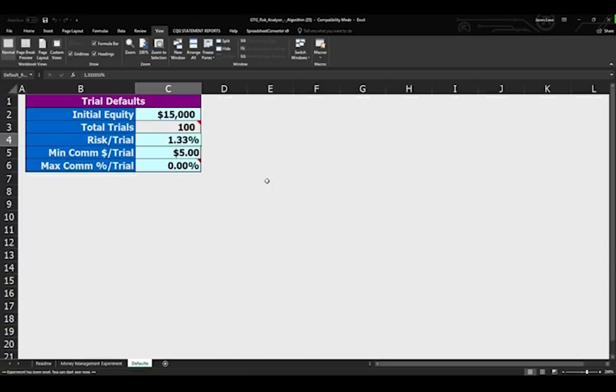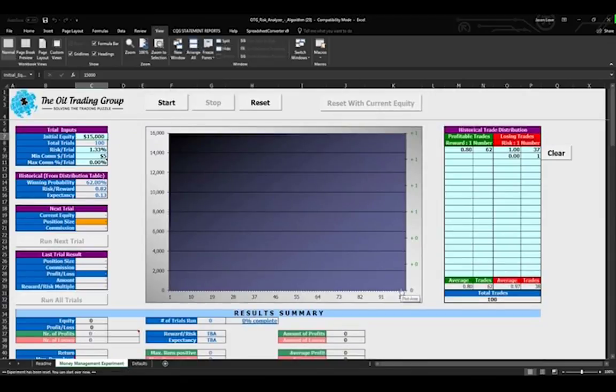So this analyzer is going to run through 100 randomly distributed trades based upon the information that you put into this spreadsheet. So if you said that it's going to be at a 1.33% risk and 100 trials, this spreadsheet's going to spit out what you should expect as results on a $15,000 account size.